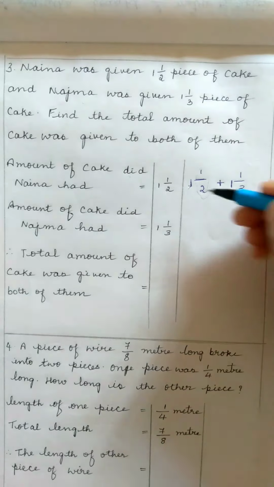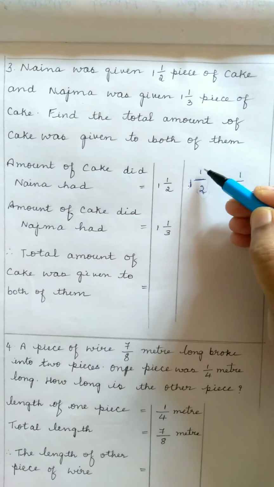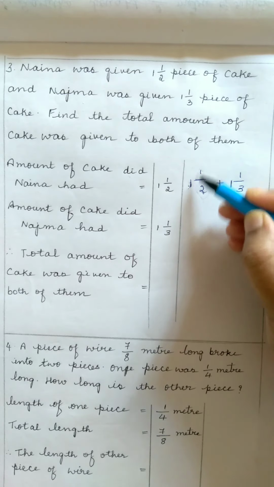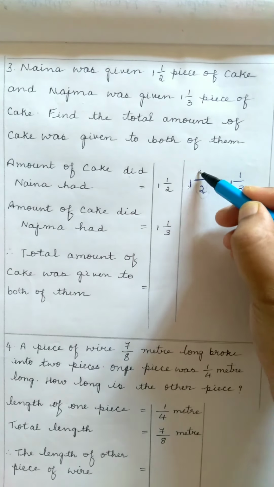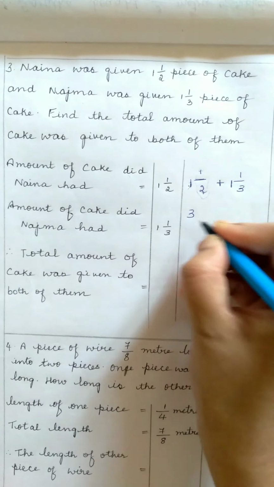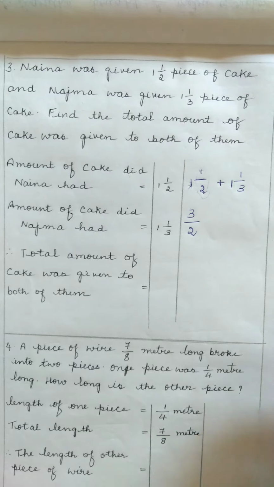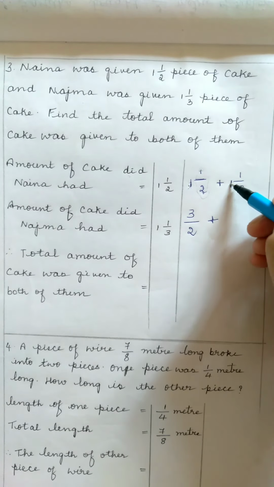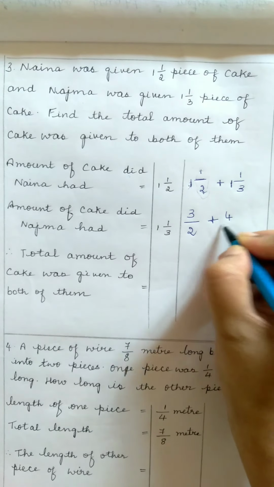That means 2 ones are 2. Then add 2 to the numerator of the part. 2 plus 1 will be equal to 3. Write the denominator value as it is. Therefore, 3 by 2. Plus, now 3 ones are 3. 3 plus 1, it is 4 by 3.